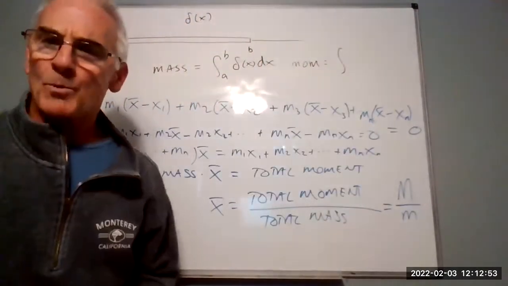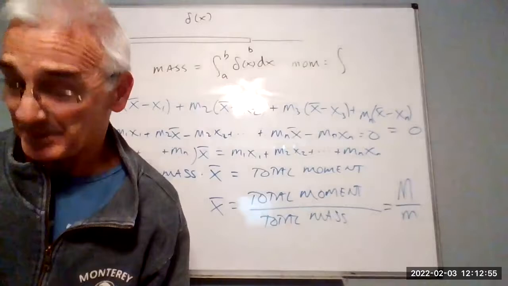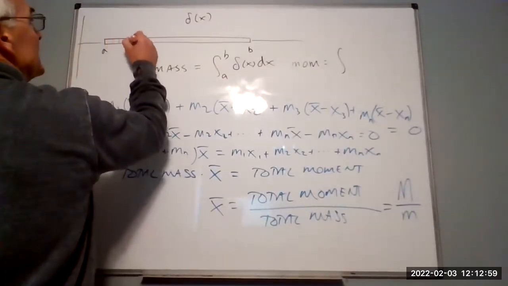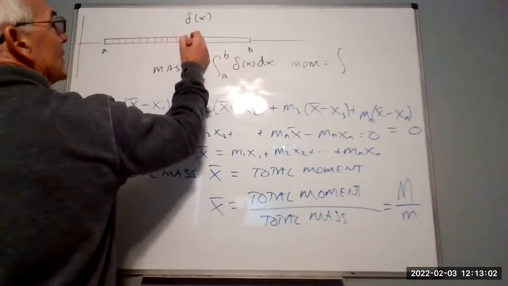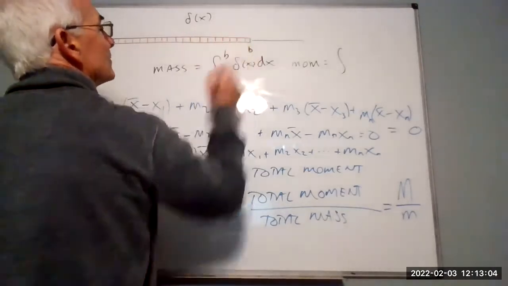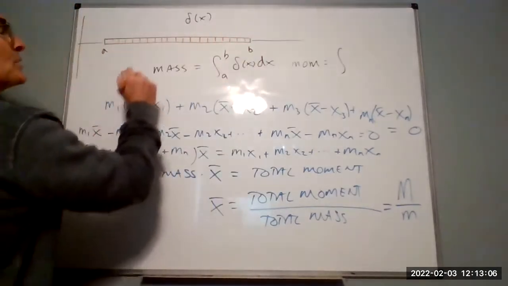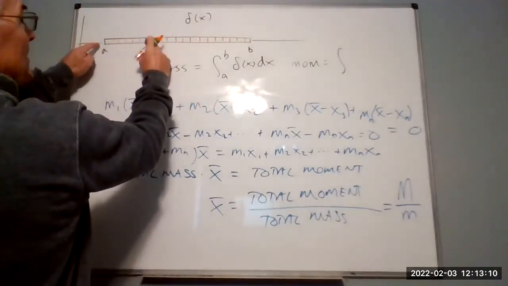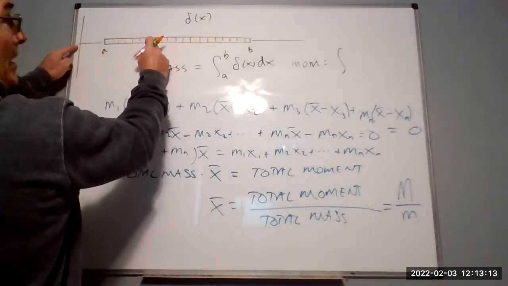Well, we know that the moment now is the distance times the mass. So if I split this thing up into a whole bunch of little pieces, think Riemann sum kind of stuff, then any individual one is going to be its mass times its distance.